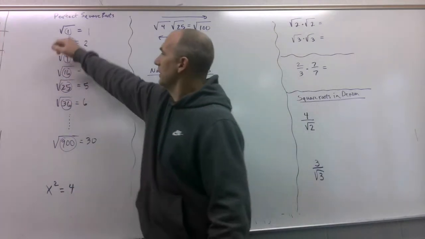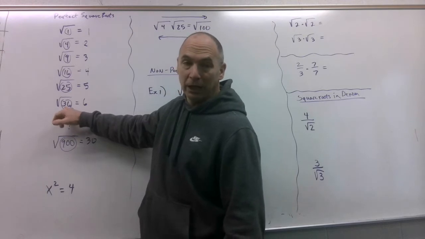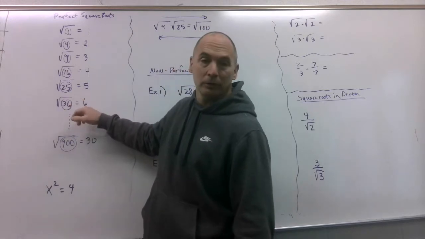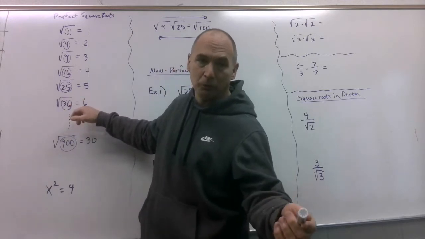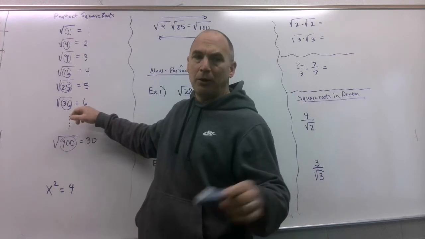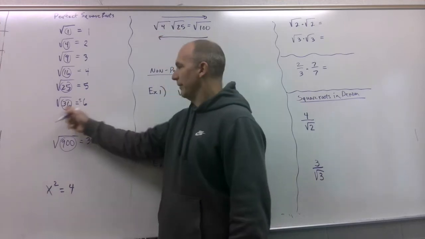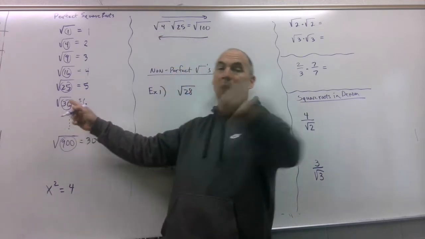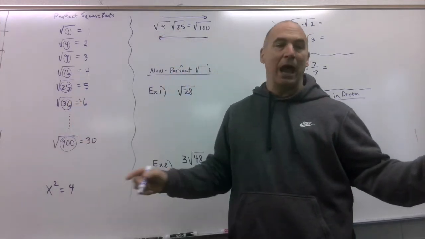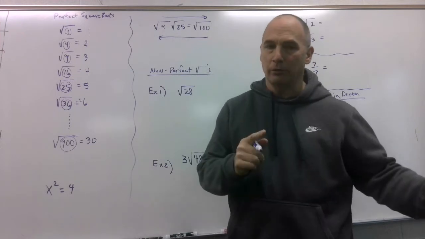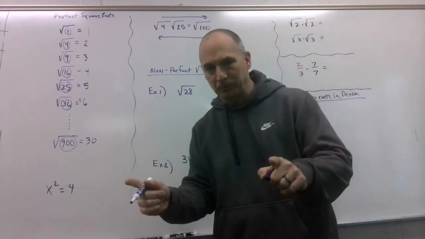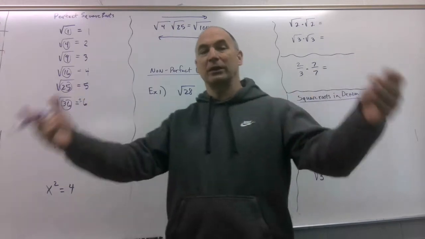The instructions for these would be simplify, and you only give the positive root. Now, if you put plus or minus 6 for that question, even though they only want the positive one, there's no way I could mark it wrong because you're not wrong. They only want the principal root, which is the positive one. So you're just getting a little extra.